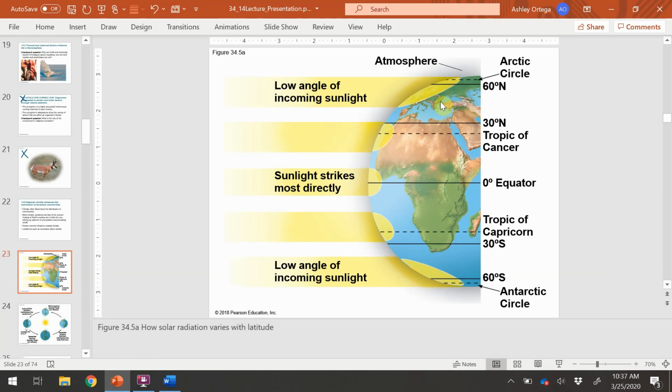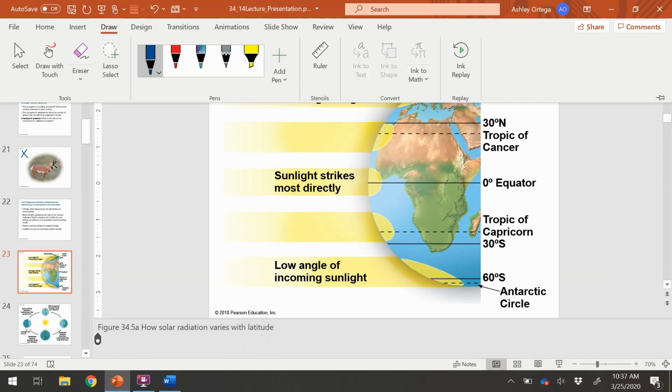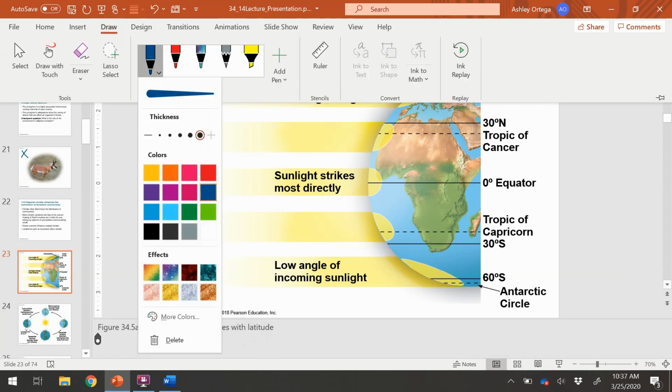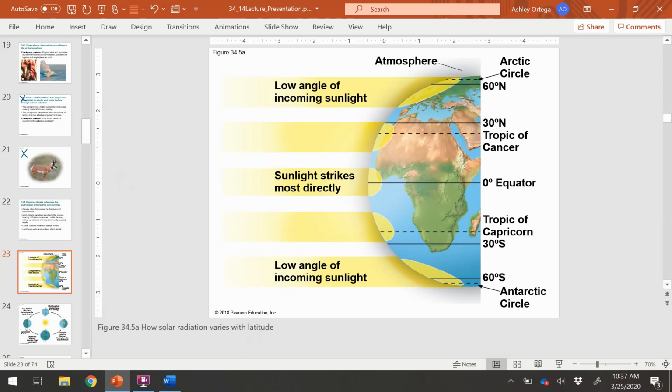And so these angles vary latitudinally, which is down here, latitude. That's going from, if you're using a compass, north and south, right?